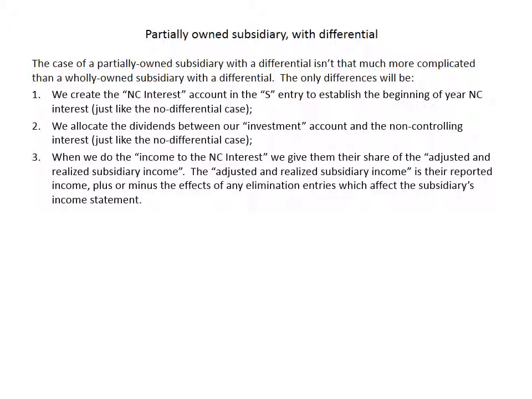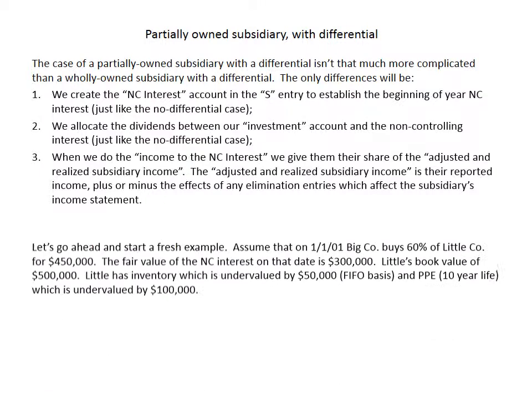And third and finally, when we do the income to the non-controlling interest, we're going to allocate to them their share of the adjusted and realized subsidiary income. The adjusted and realized subsidiary income is their reported income plus or minus the effects of any elimination entries which affect the subsidiary's income statement. Now, since this slideshow just does the consolidation at date of acquisition, the latter two items here, items 2 and 3, aren't going to apply.